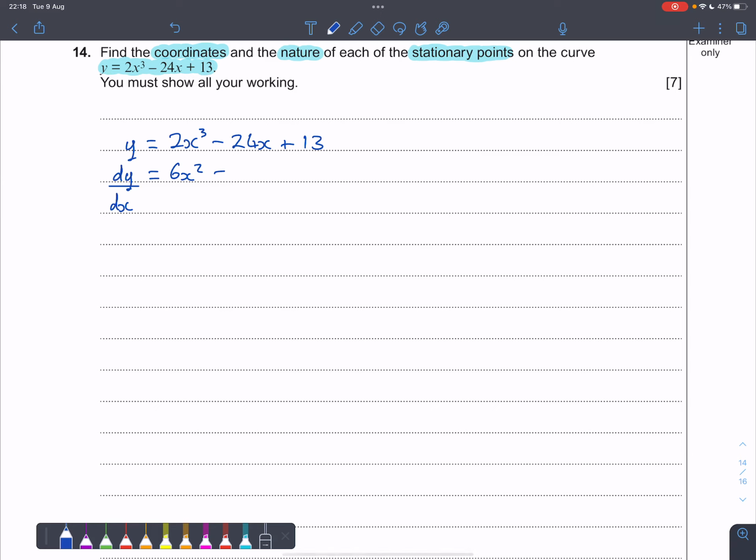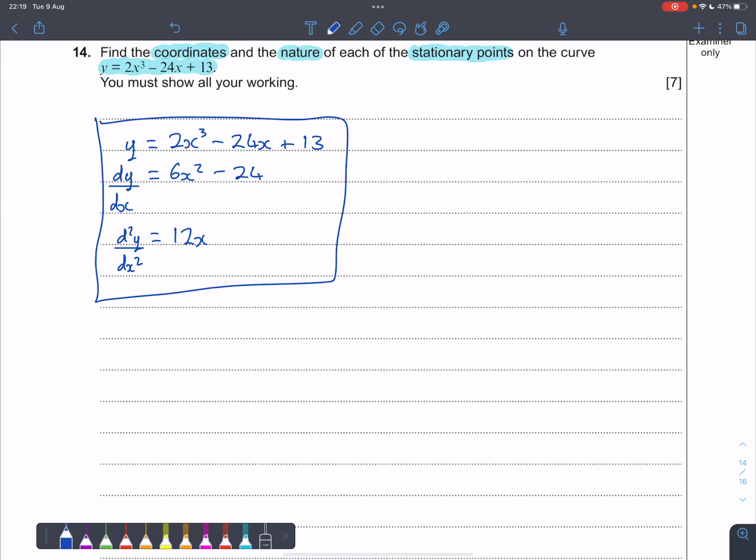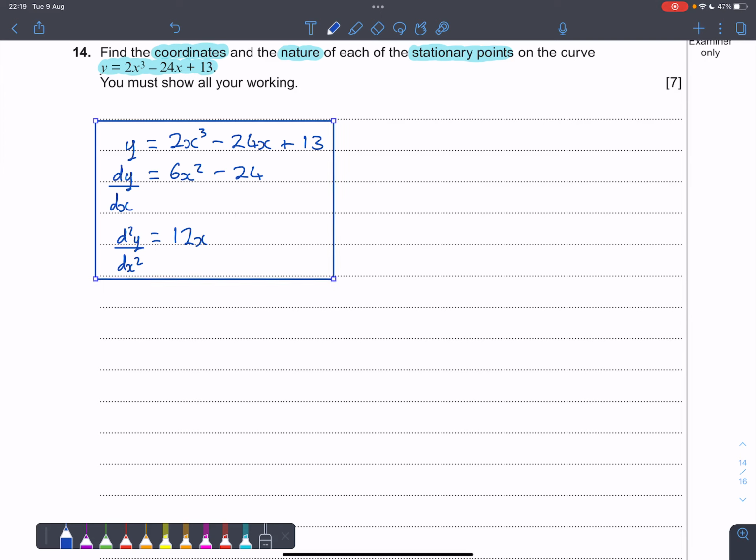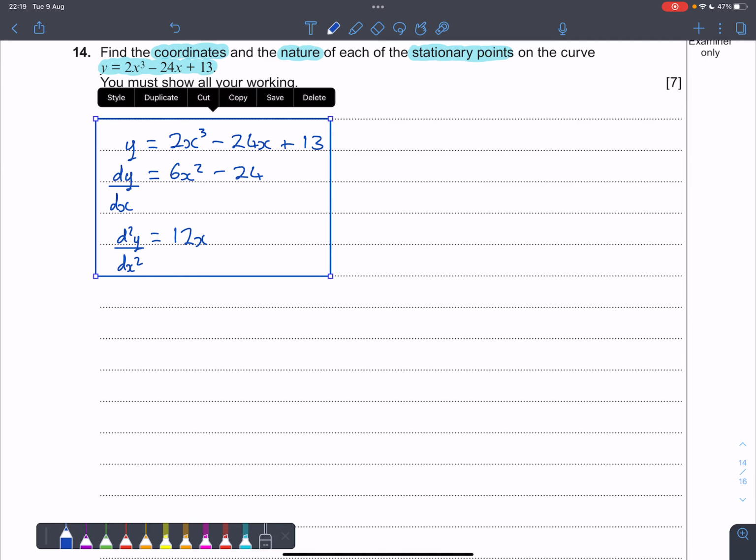Minus 24x differentiates to minus 24, and the plus 13 disappears. I'm also going to find my second derivative, d2y by dx squared, and my negative 24 will disappear. I'll just box these off for when I need them. That's all the information I need.